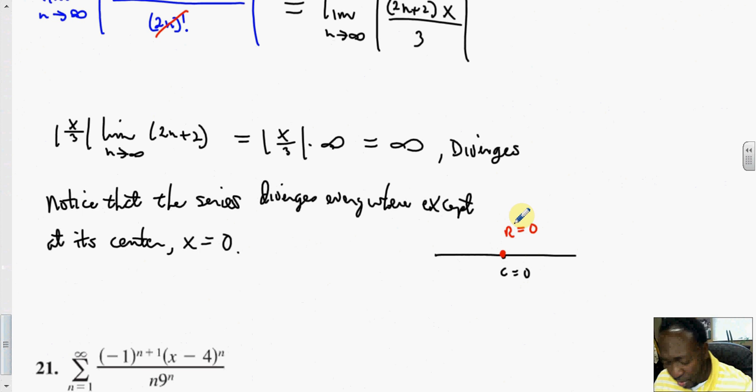The radius equals 0 says you don't move from this point, x equal to 0. You know, x equals 0, c equal to 0. Right, same thing, right? Because beyond moving from this radius, I get divergence. But at c equal to 0, that is x, the number x equal to 0, when x equal to 0, I get convergence.